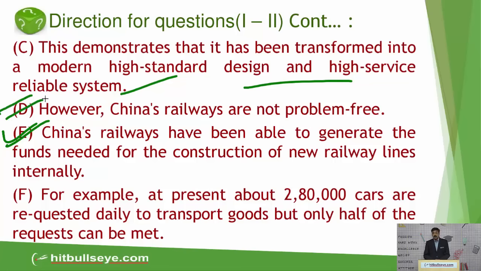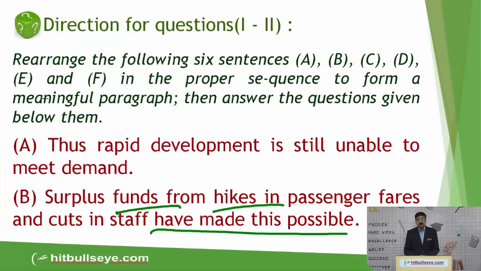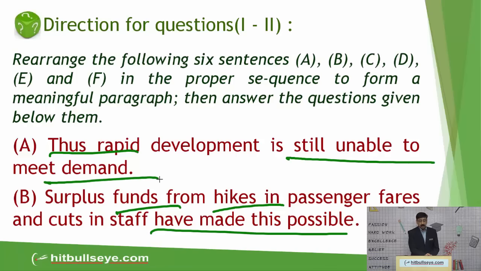So D will come, and after this, for example, F is explaining one of the problems faced by China's railway department. Finally it would be concluded by sentence A because of the word 'thus', and it has completely concluded the given story: thus rapid development is still unable to meet the demand.